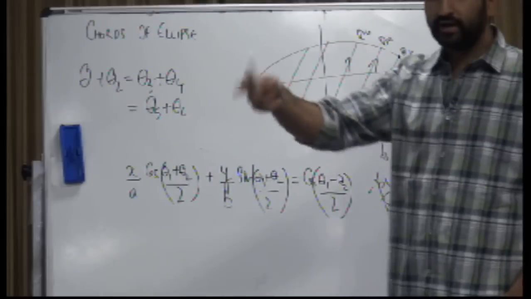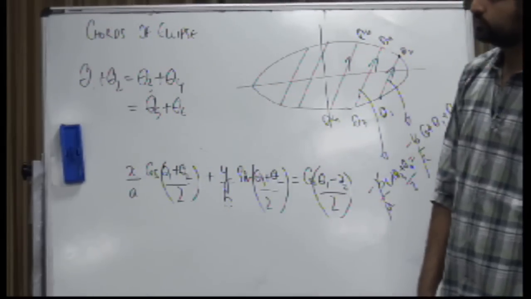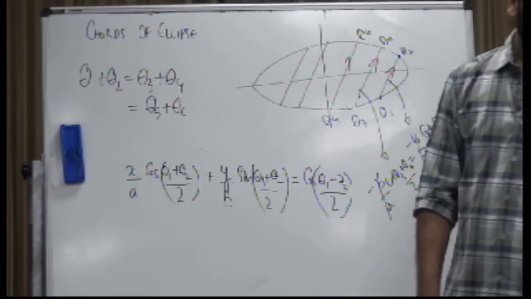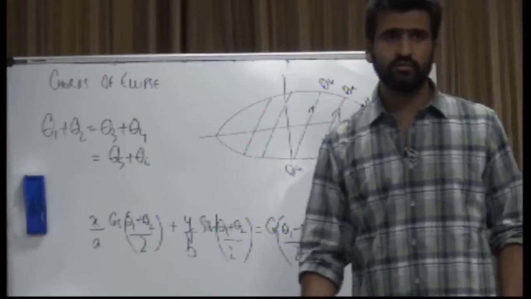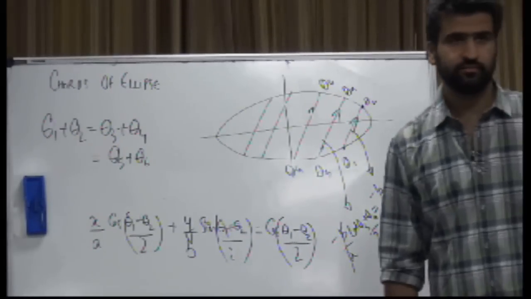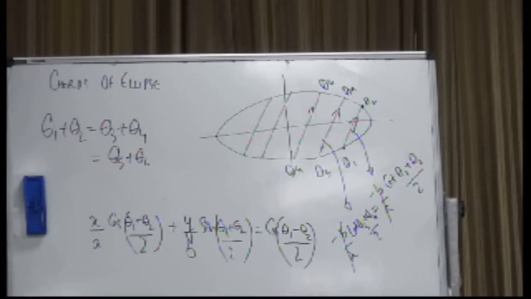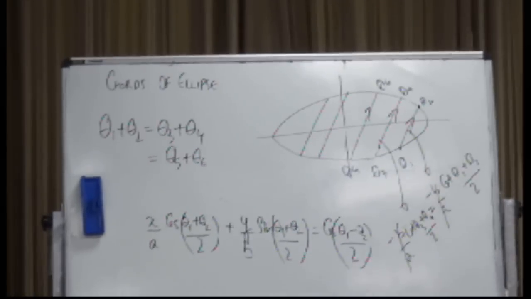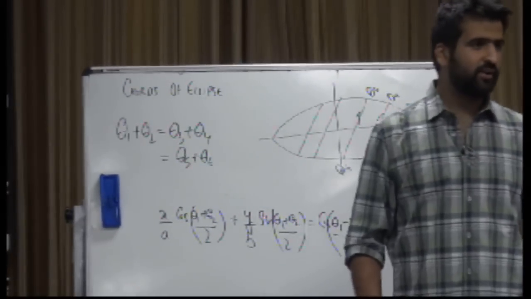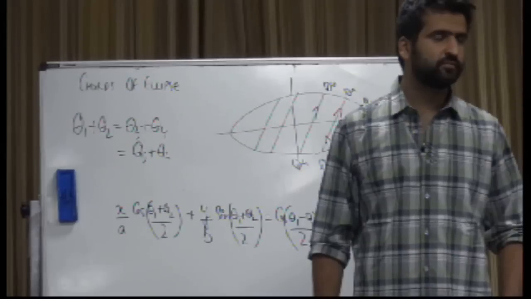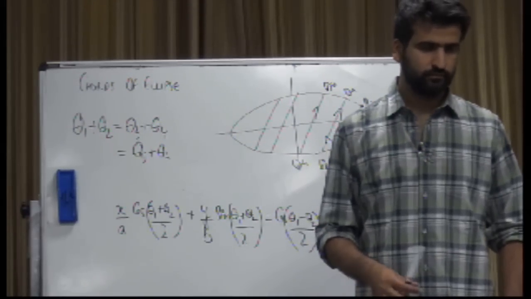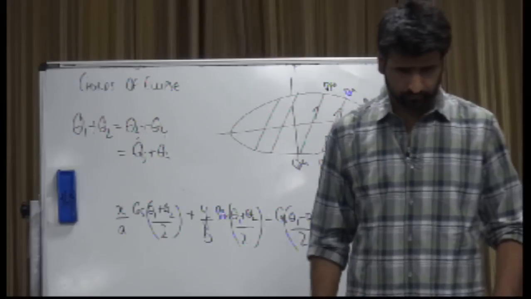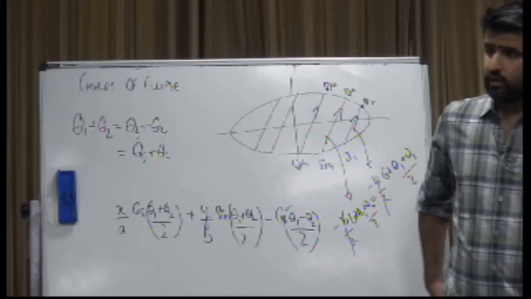So write down: at the endpoints of the parallel chords of an ellipse, the sum of the eccentric angles will be constant.